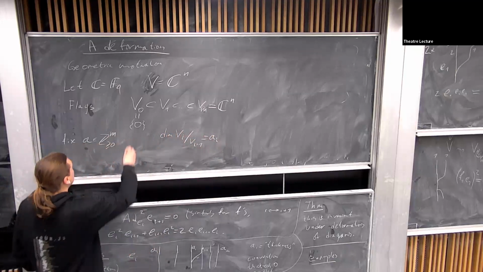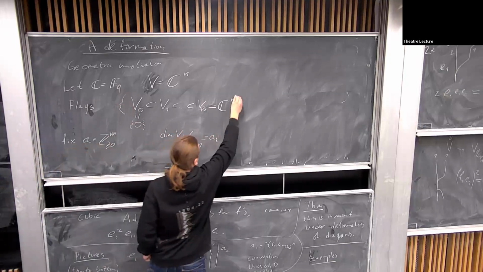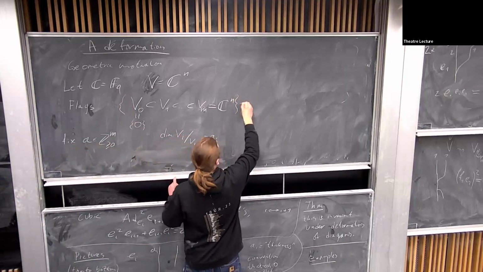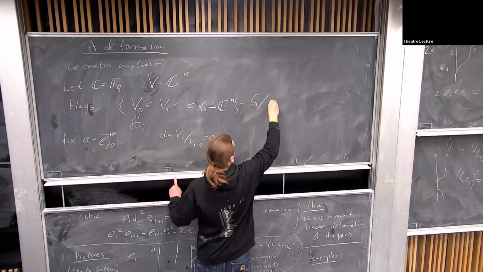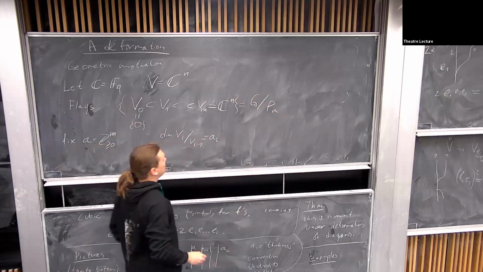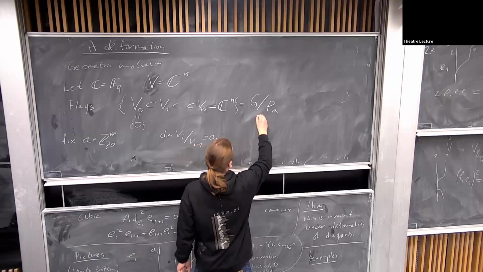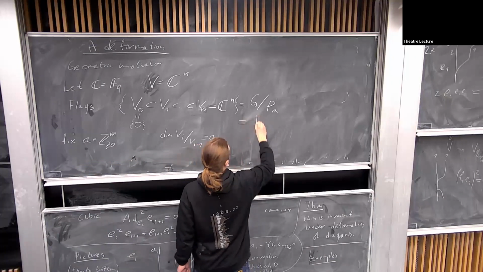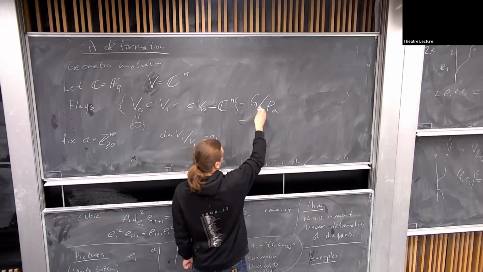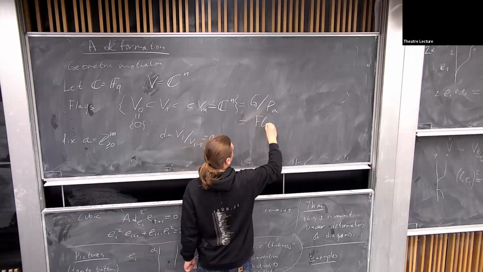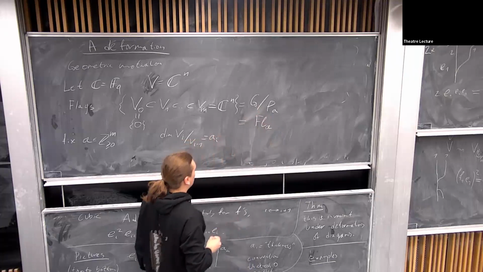This collection of flags is called the flag variety. It's usually denoted as G mod PA, where PA is a parabolic subgroup. So it's actually the quotient of G by some parabolic subgroup, but we want to just think about them.